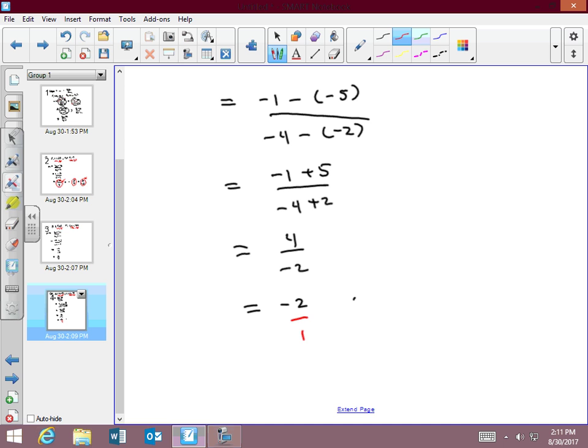You could also write this as 2 over minus 1. So that's a left 1 up 2. Your slope would be, this would be the way you write the answer right there. Any questions on that?